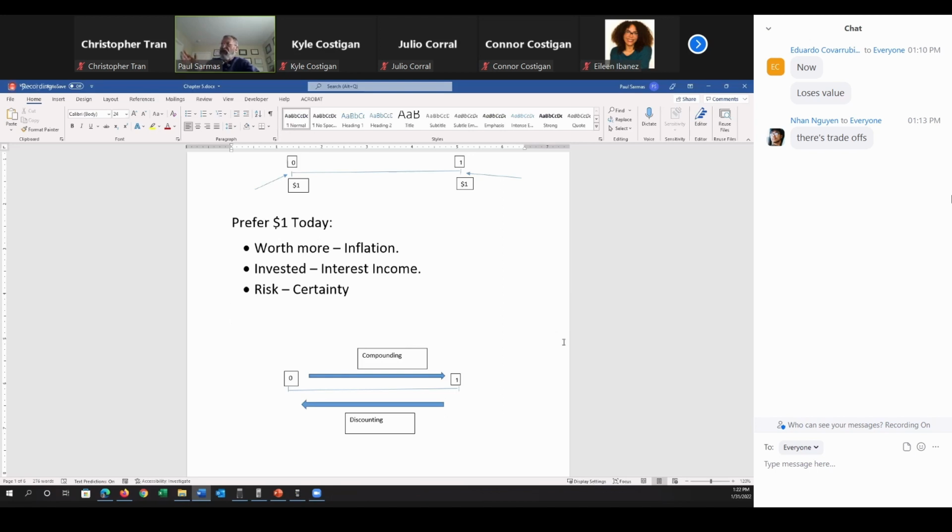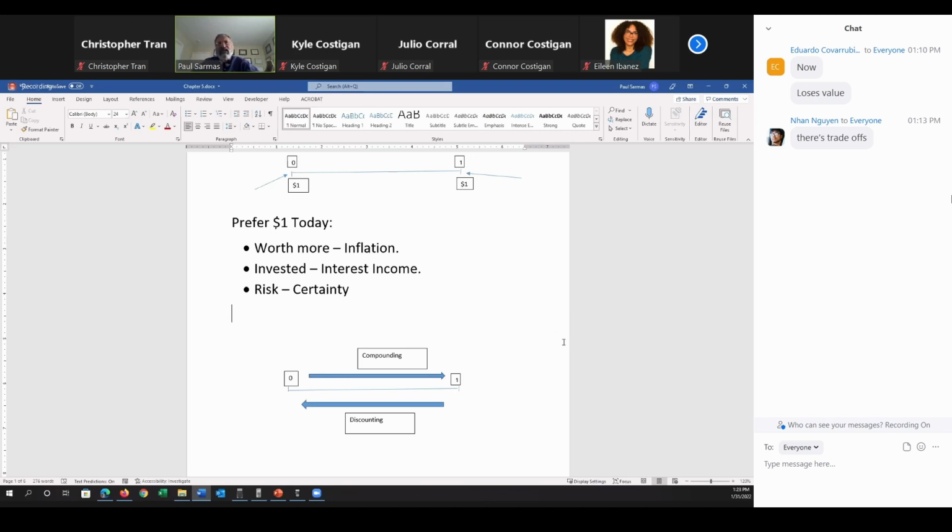Otherwise, if you are about to receive some money in the future, if you have a dollar 1 year from today, you want to see how much that is worth today. Because we already agreed a dollar 1 year from today is not the same as a dollar today. So you say, okay, I have a dollar 1 year from today. How much is that worth today? That process going from future to present is called discounting.